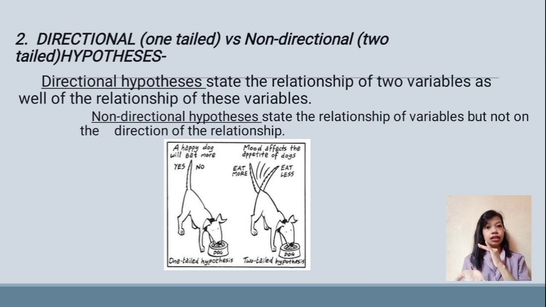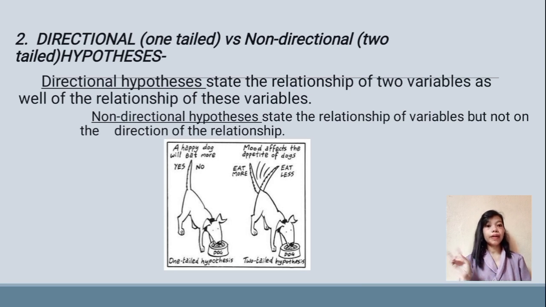So it is yes. While the non-directional hypothesis states the relationship of variables but not the direction of the relationship. So the example for this one is the mood affects the appetite of the dog.